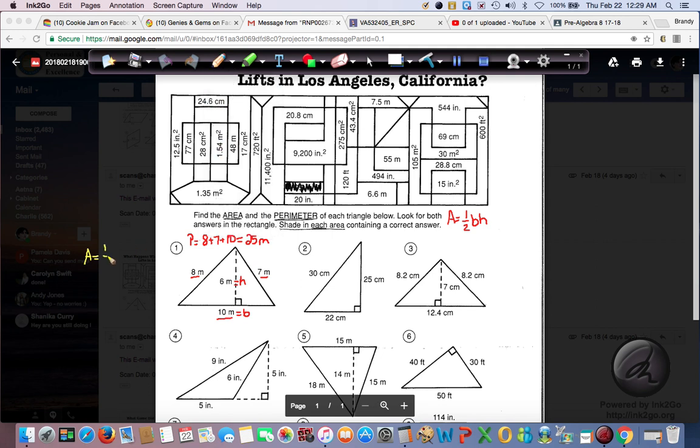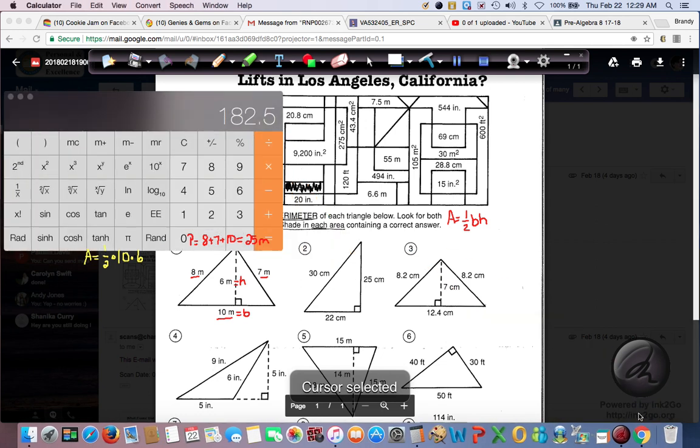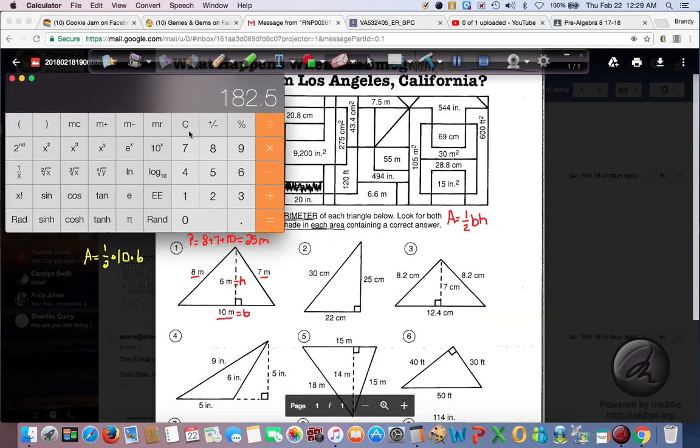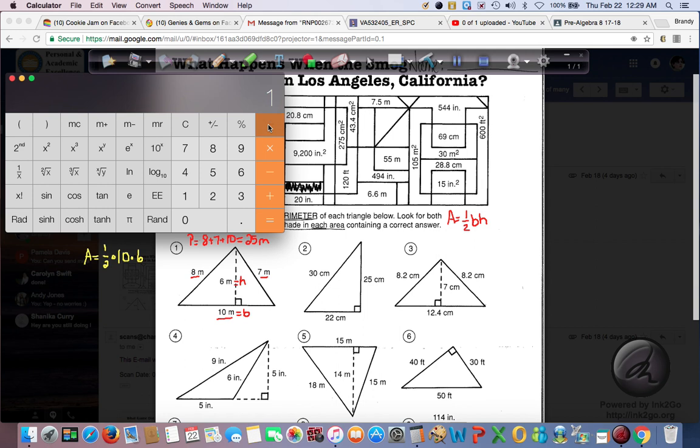So we'll come back over here. We have 1/2 times my base, which is 10, times my height, which is 6. So you would grab your calculator, clear that out, and you would say 1 divided by 2 times 10 times 6, and that gives us 30.